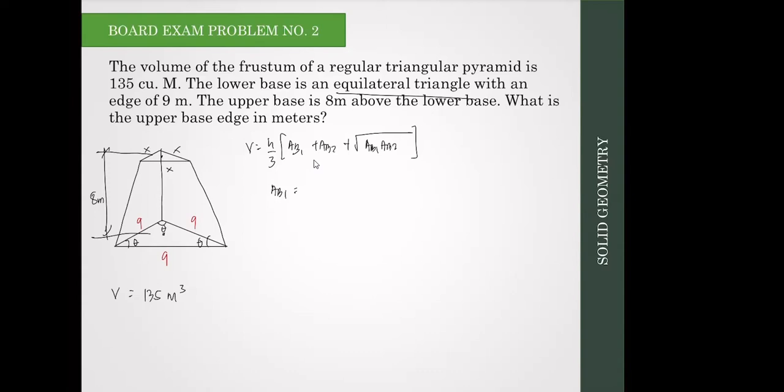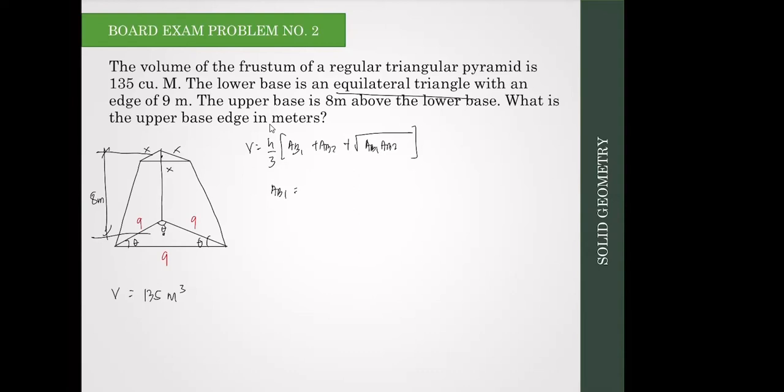Yung formula natin last time sa plane geometry para malaman yung internal angle natin, n-1 times 180. Tama ba? So that is n-1 times 90 pala. 90 times n-1. Okay? Kaya 180 yung atin.